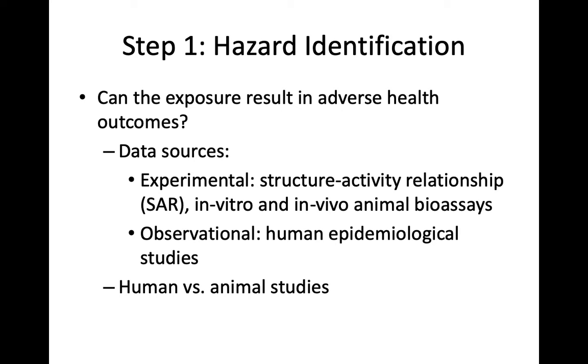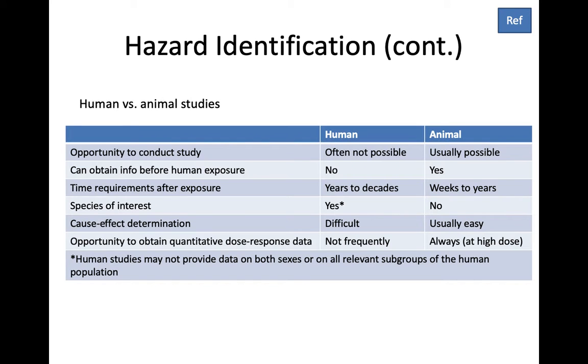Data sources are mostly experimental, for example structure activity relationship, in vitro and in vivo animal bioassays, and then observational, which could include human epidemiological studies, and then human versus animal studies.